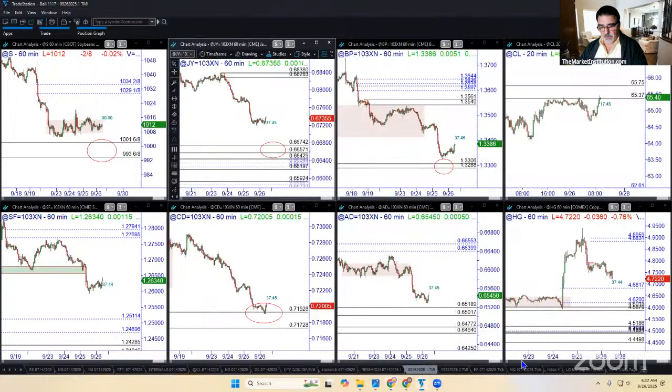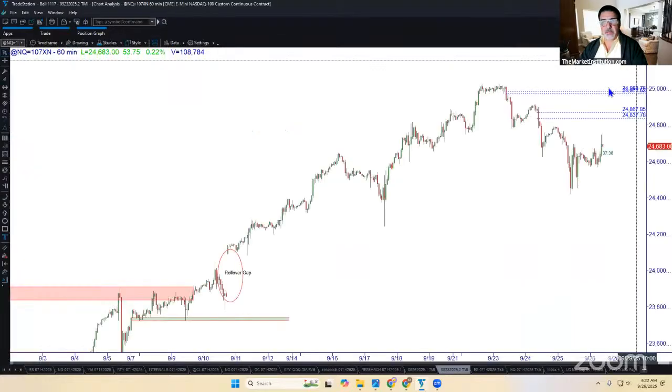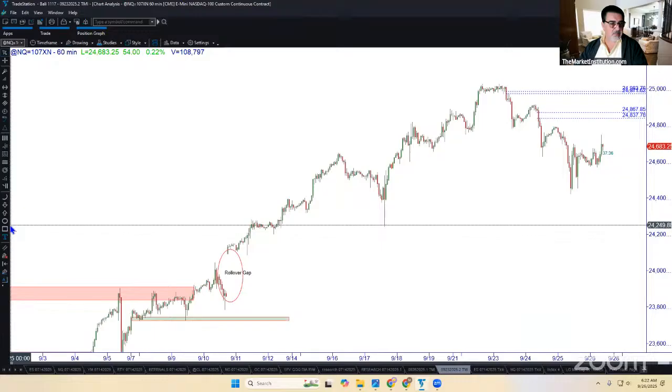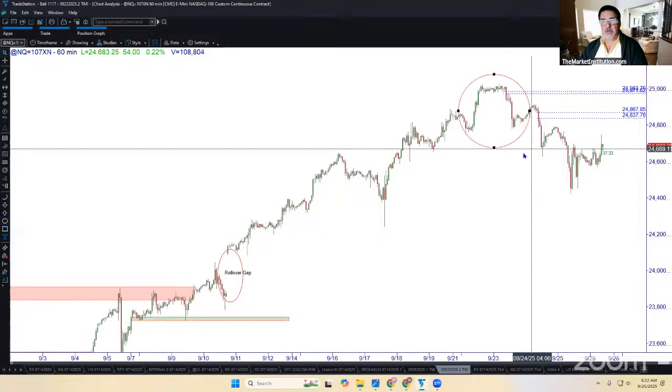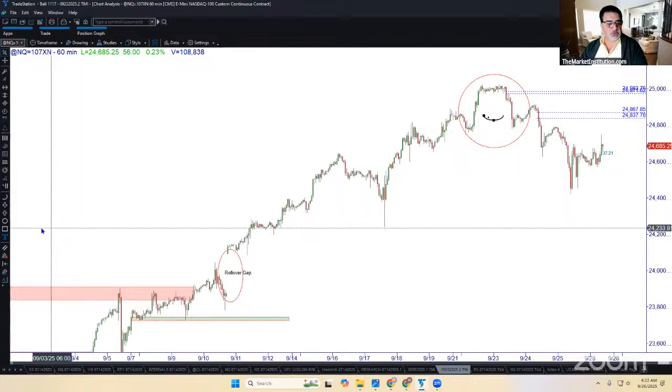Let's bring it over here to the equity indexes. Let's use NASDAQ as an example. So we're seeing the same pattern on the 10-year and the 2-year yield, where we had price run up and basing sideways. This can bring someone to say, oh, that looks like a head and shoulders pattern.